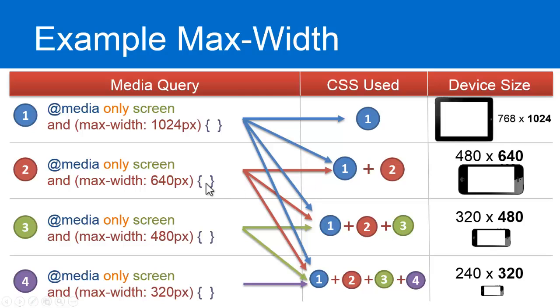As soon as you hit the max width of 640 pixels, so something like a phone in landscape mode, it would read the max width of these properties, but then you have to override it with the properties in here. So as it starts cascading down, when you get down to the very small screens here, you have to override every single one of these components to get your screen to view.